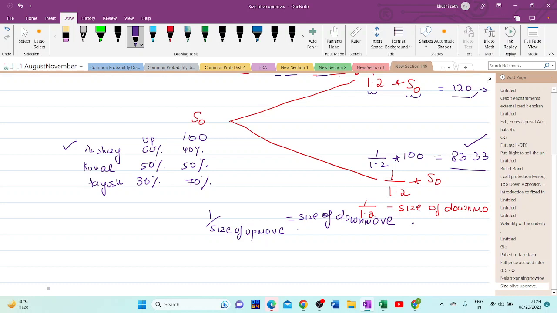So all of us agree that in case of an up move, the price would be 120 and nothing else, and in case of a down move, the price would be 83.33 and nothing else. So what all of us tend to agree on is that there are no other price movements apart from these two.